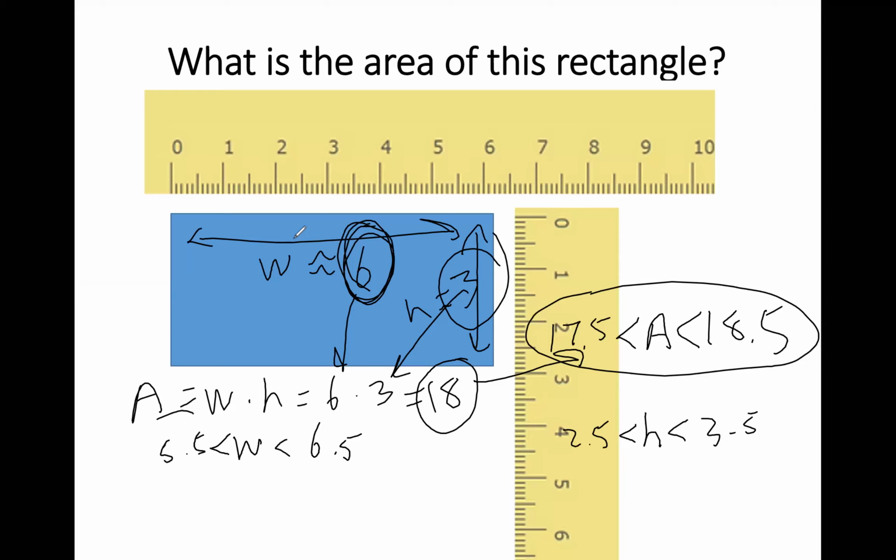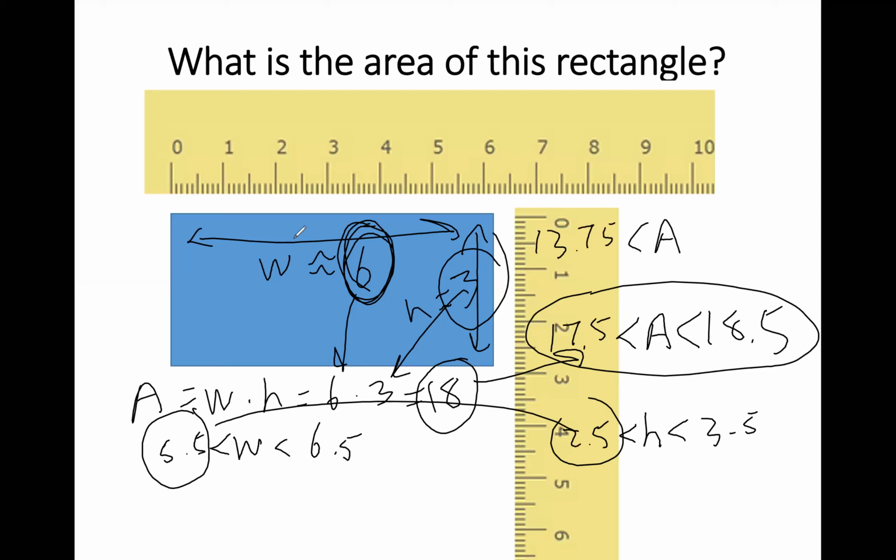Let's take the lowest number for the width multiplied by the lowest number of the height, and let's see what that works out to be. So I'm going to get out my calculator. I recommend you guys do the same. So 5.5 times 2.5. So the area could be actually as low as 13.75.